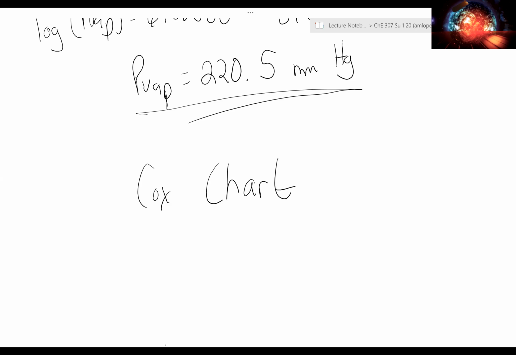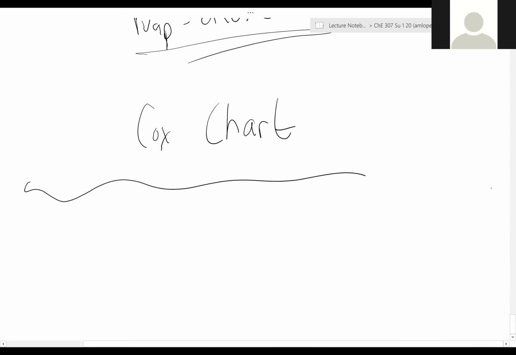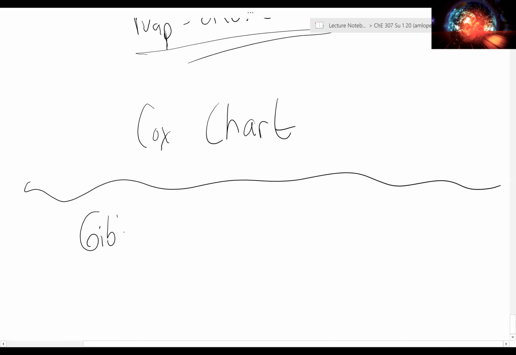The last thing I want to talk about today is really the Gibbs phase rule. The Gibbs phase rule gives you a relationship for systems at equilibrium between degrees of freedom, the components, and the phases involved.